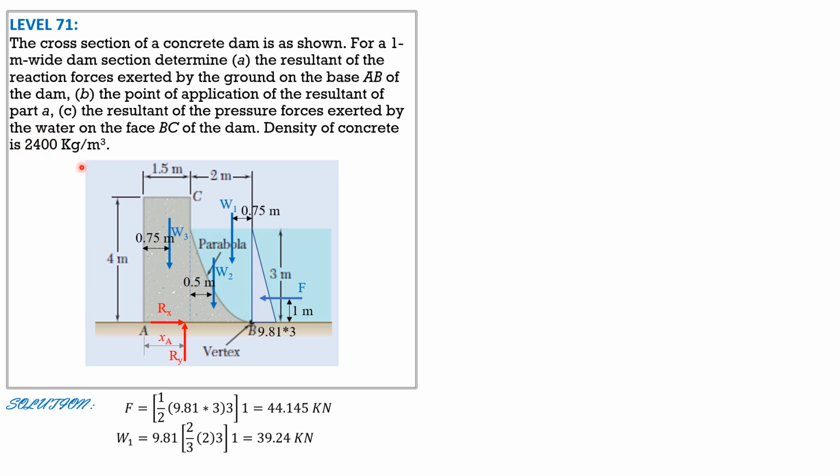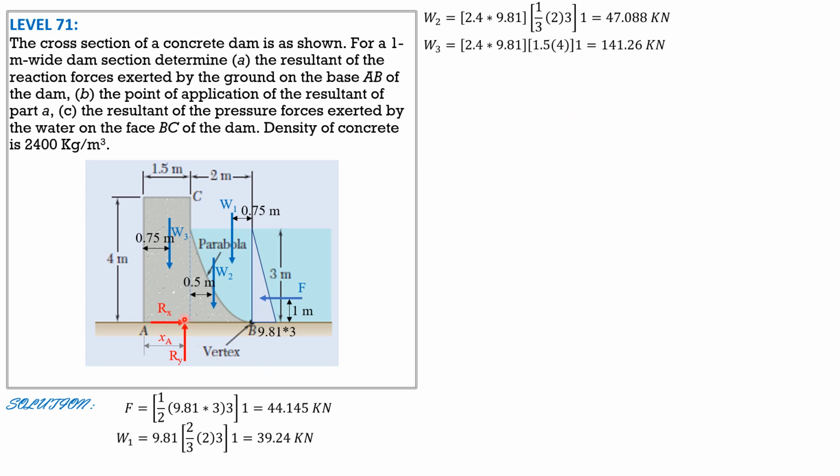So weight 2 is 2.4 times 9.81 times 1/3 of 2 times 3 times 1, so 47.088 kilonewtons. Weight 3 is 2.4 times 9.81, then volume is 1.5 times 4 times 1, and it is 141.26 kilonewtons.